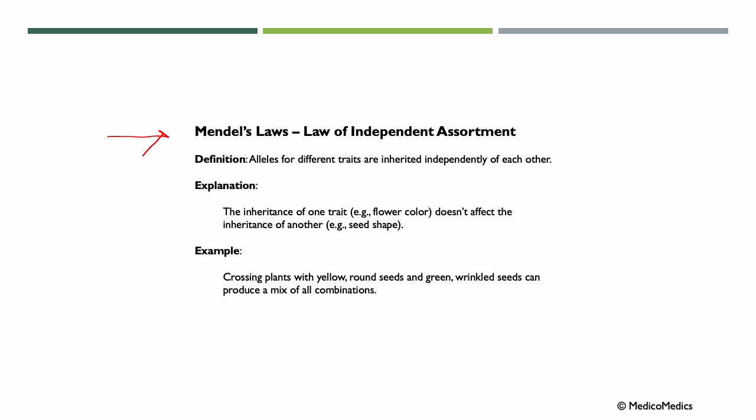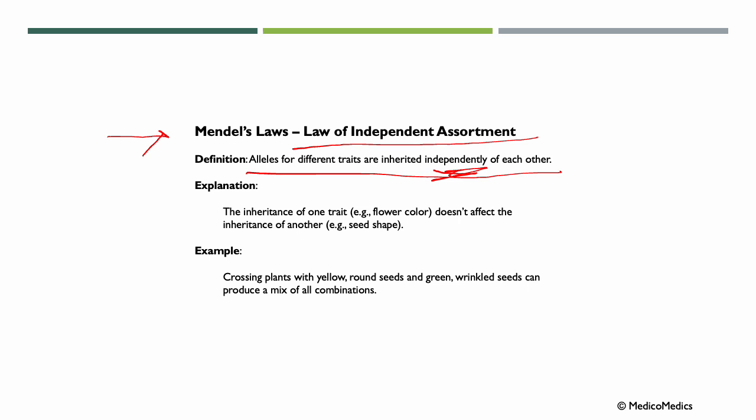Then we have Mendel's second law here, the law of independent assortment. And it's defined as alleles for different traits are inherited independently of each other. So traits like eye color and hair type, etc., they don't always come as a package deal.